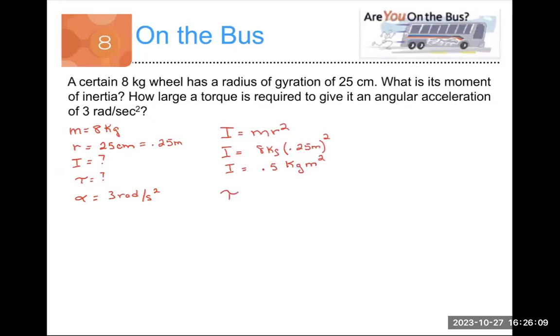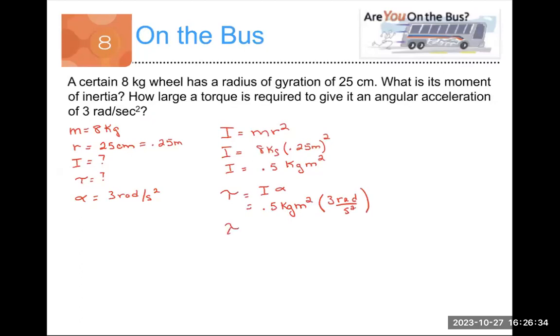And now we're asked to calculate the torque. So the torque is going to be I times alpha. Well, we just calculated I, 0.5 kilograms meters squared, and our alpha is 3 radians per second squared.